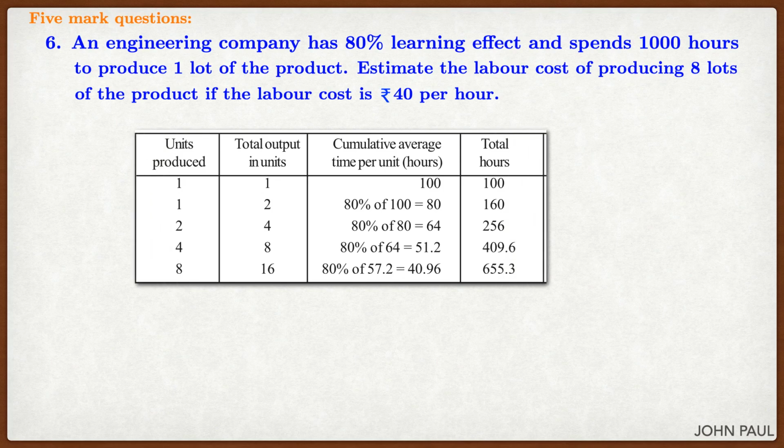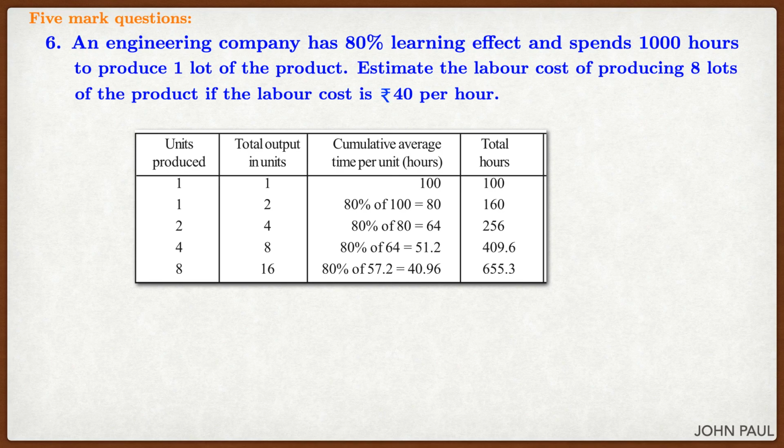So how to solve this: for 100 hours I have given one example here. First we have to know this table: units produced as 1, 1, 2, 4, 8 like that. Total output in units is obtained by adding: 1 plus 1 is 2, 2 plus 2 is 4, 4 plus 4 is 8, like that.